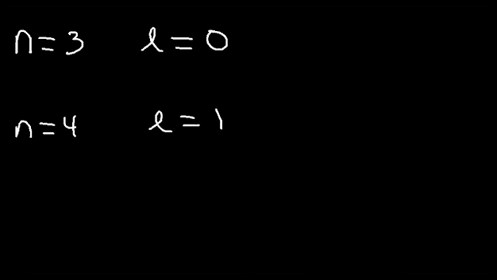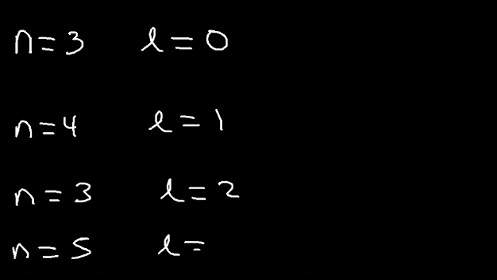Now let's say if you're given 2 quantum numbers. Let's say if you're given a value of n and l. So let's say if n is 3 and l is 0. And let's say n is 4 and l is 1. n is 3, l is 2, and n is 5 when l is 3.